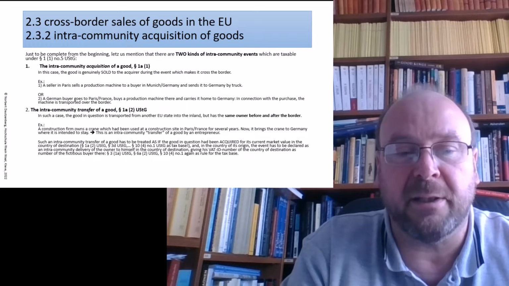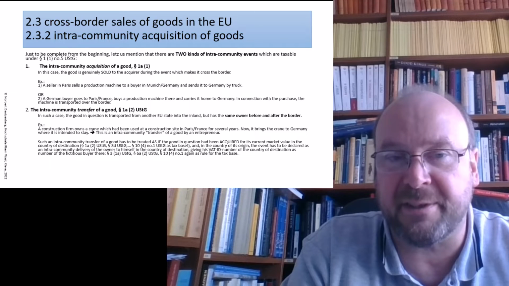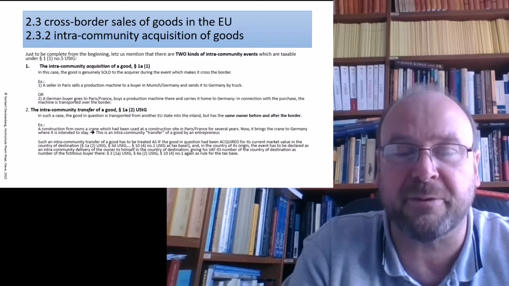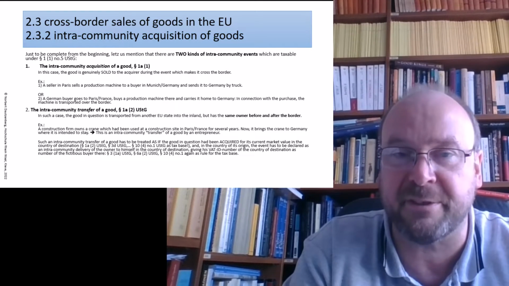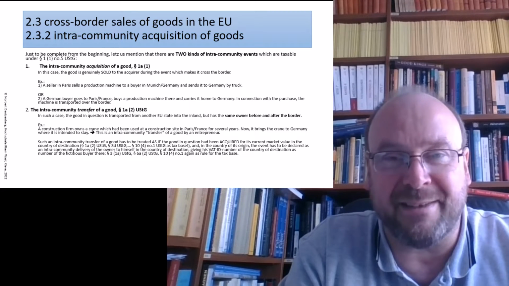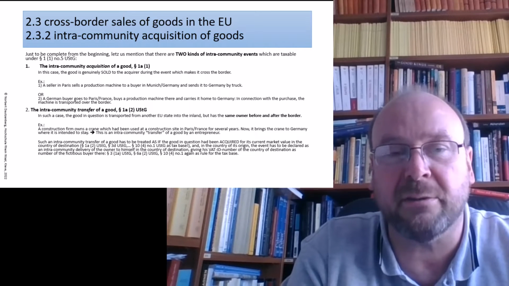Okay. If that happens, you just go through the testing scheme. First, 1A2 says a transfer of a good cross-border within the EU is treated as an intra-community acquisition at all times. 3D, it is taxable where the good is at the end of the transport. 4B, there is no exemption. 10.1 doesn't apply.